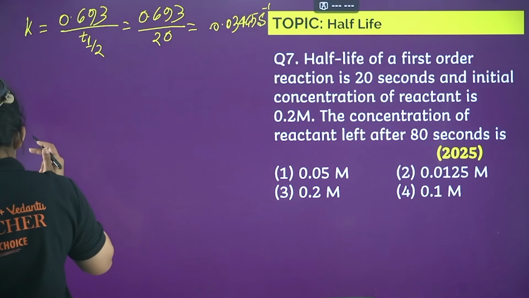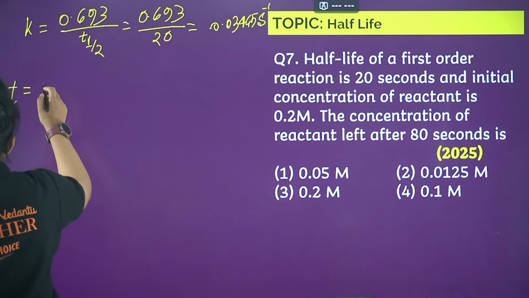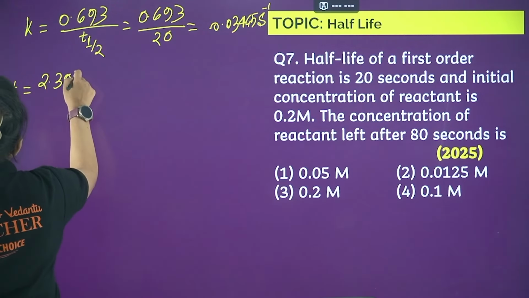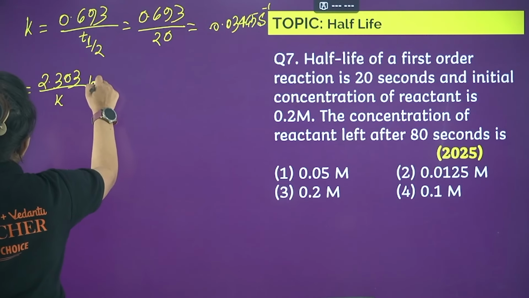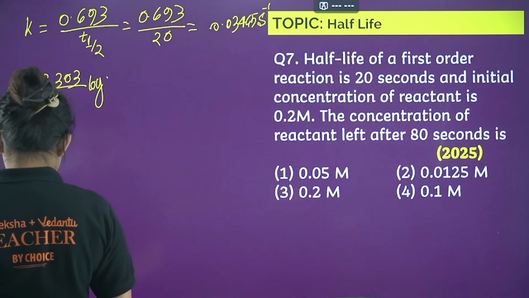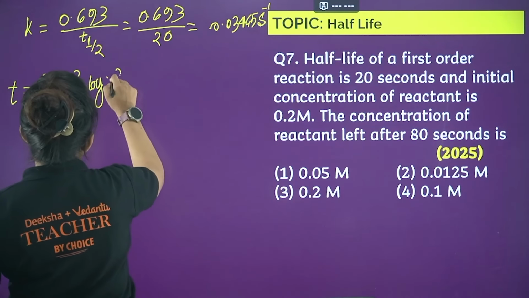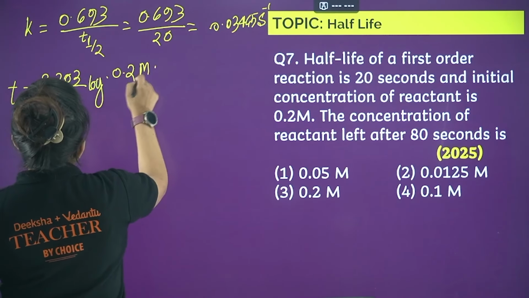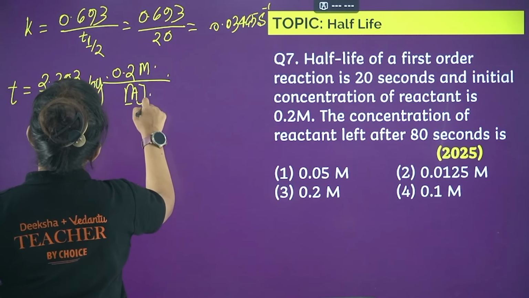Here K I got. Now put all the data in the first order integrated rate law: 2.303 divided by K into log. Initial concentration they told 0.2 molar, divided by, I don't know, At, that I have to calculate.